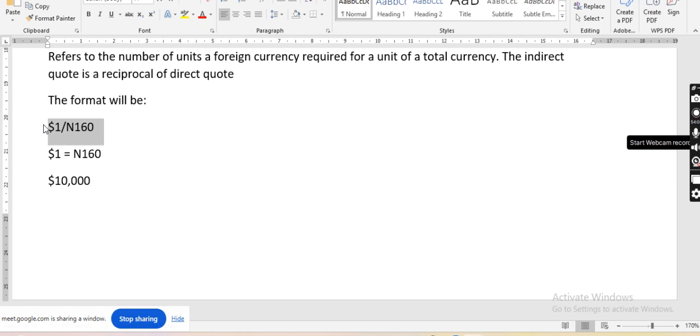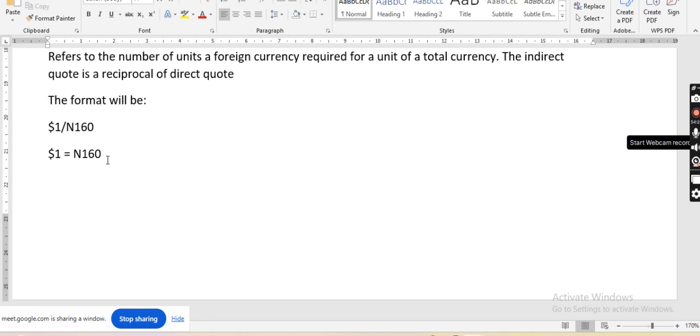This tells you that you want to buy, your currency is on the left hand side. This is an indirect quote. Therefore, if you want to convert this, you have to look for the reciprocal.